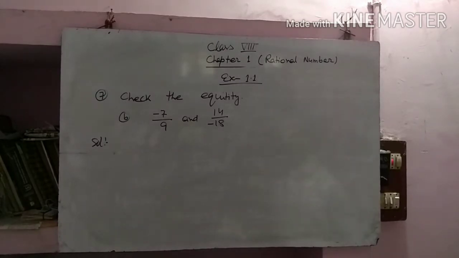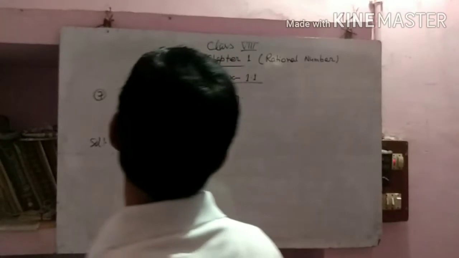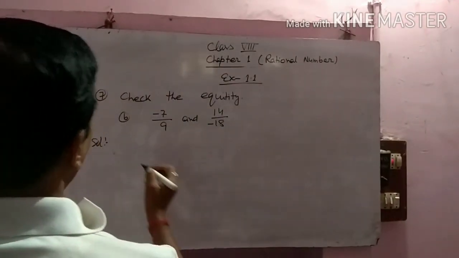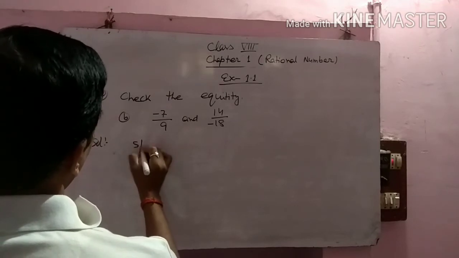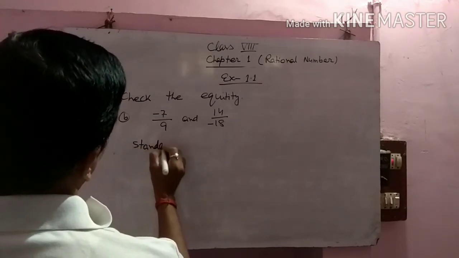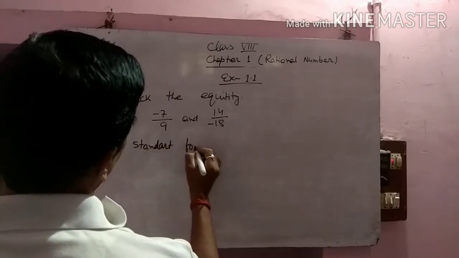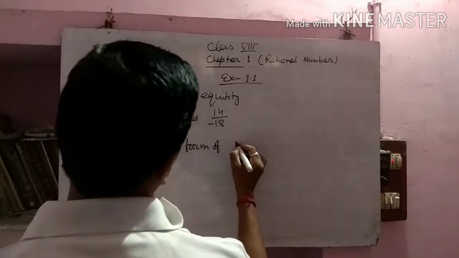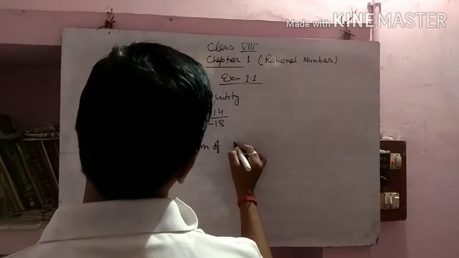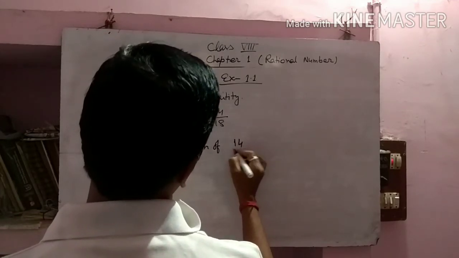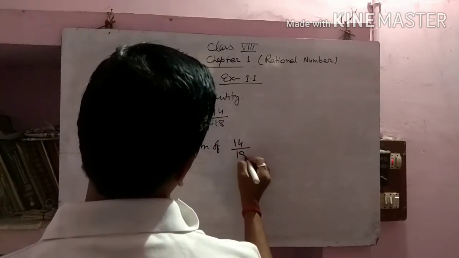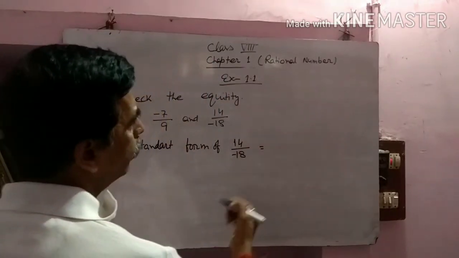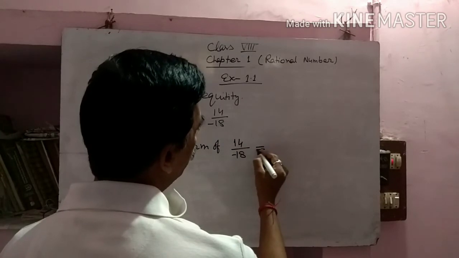Look here, the question is check the equality. To check the equality, first of all, what we can do? First of all, the standard form of 14 by minus 18 is equal to, we have to make the denominator positive.